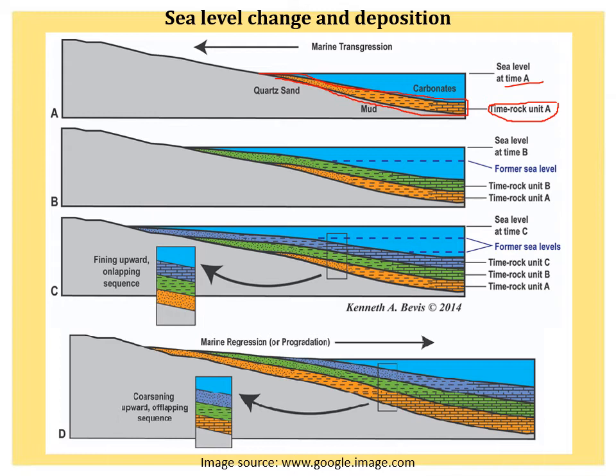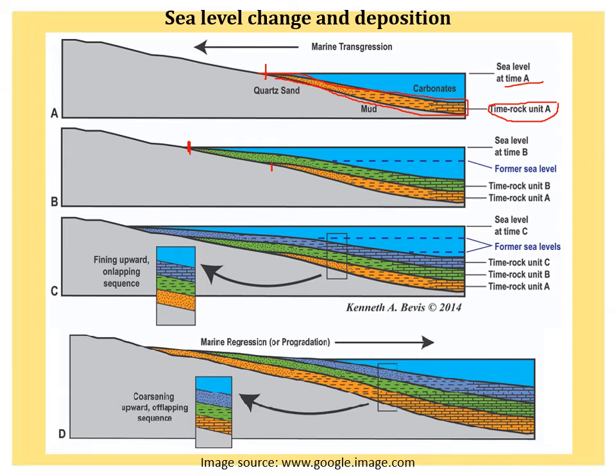Now if sea level increases, that means transgression occurs, the shoreline is moving more towards land. Now the same deposition occurs, but starting from more towards the landward side. So previously my sand deposition started here, now sand deposition starts from here. So again sand, then mud, then limestone.